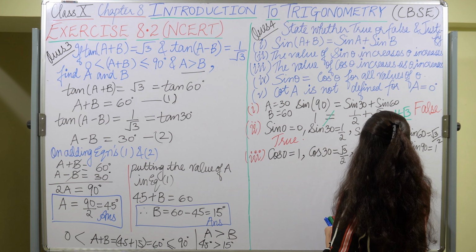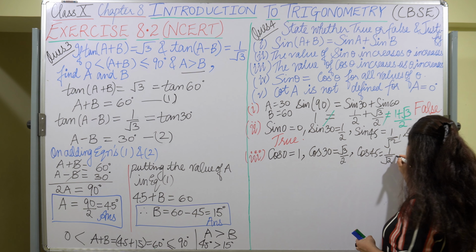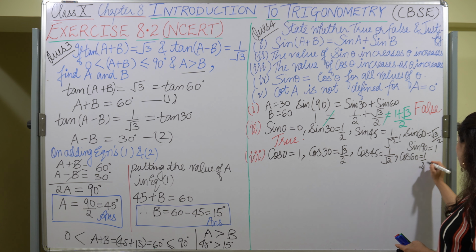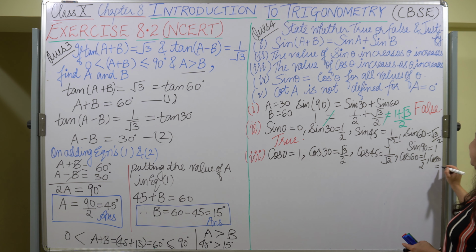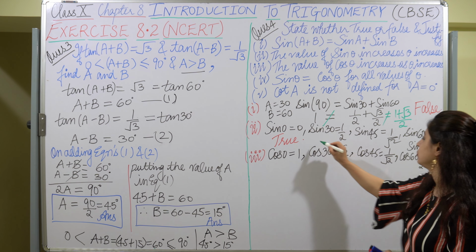Then cos 45 is equal to 1 upon root 2. Then cos 60 degrees is 1 by 2, and cos 90 degrees is 0.